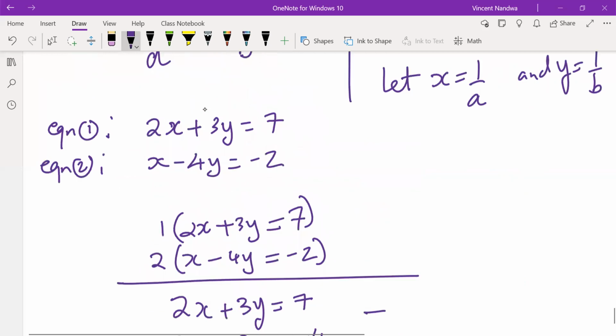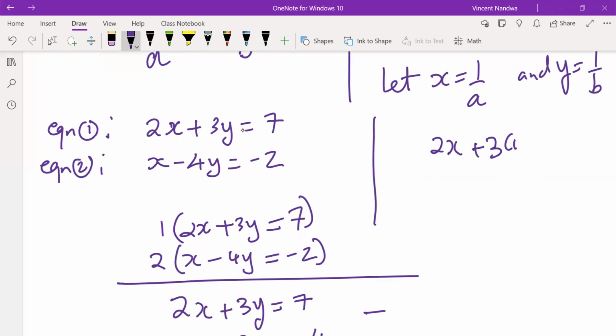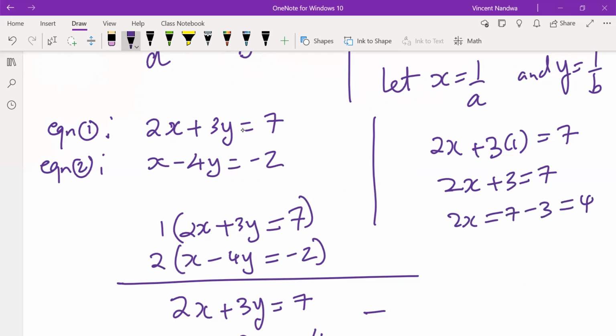Now, when I have y to be 1, using the first equation, I'll get 2x plus 3 into 1 equals 7. So 2x plus 3 equals 7. 2x equals 7 minus 3, which is 4. So which means 2x, I divide through by 2. 4 divided by 2 will give us x to be 2.